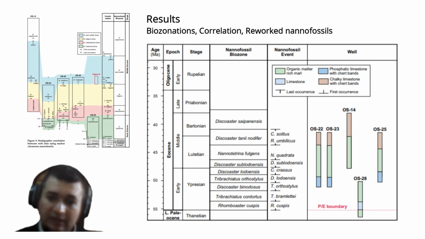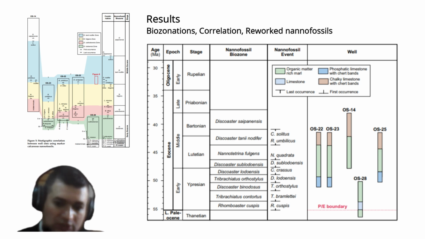We found a good correlation between OS22 and OS23, which are in the central part of Jordan, but we couldn't find a match between these two cores and OS28, which is older in age. So we have many ages, and these can be correlated all together.